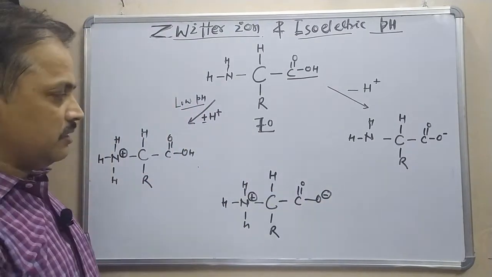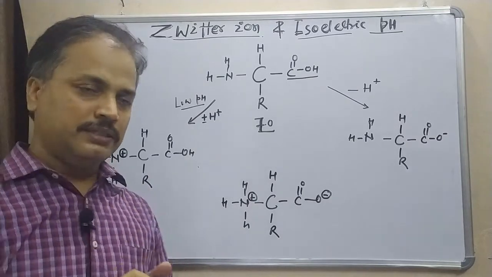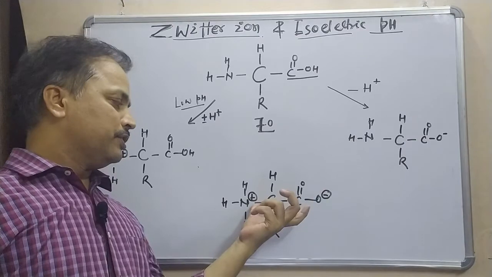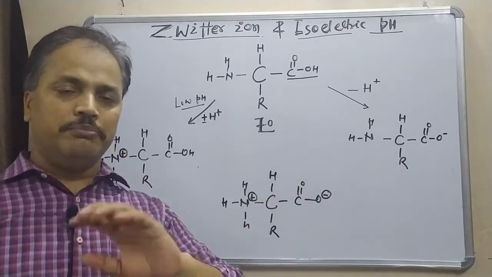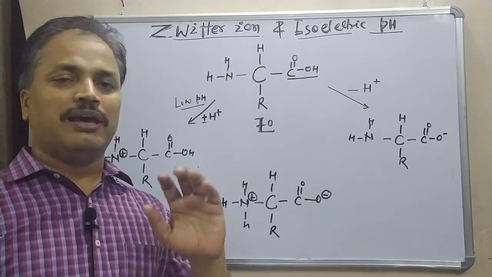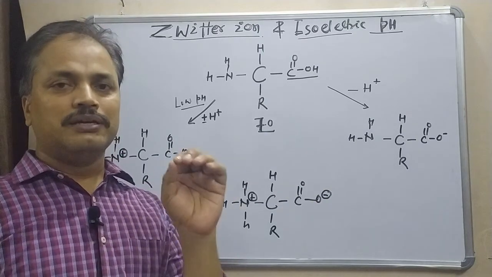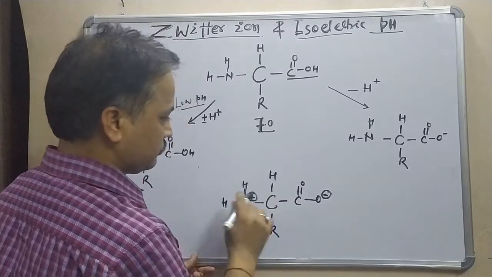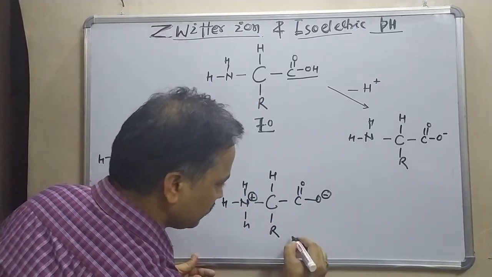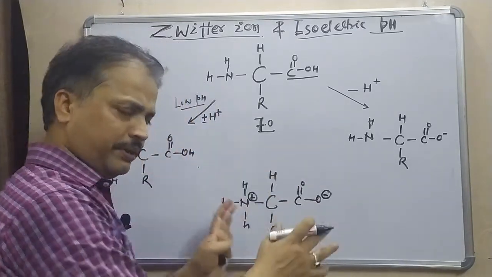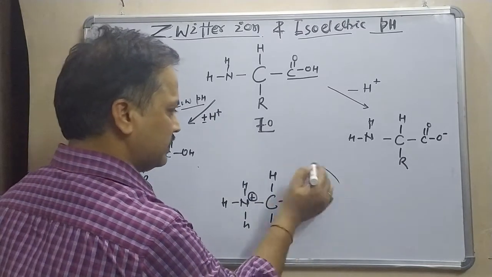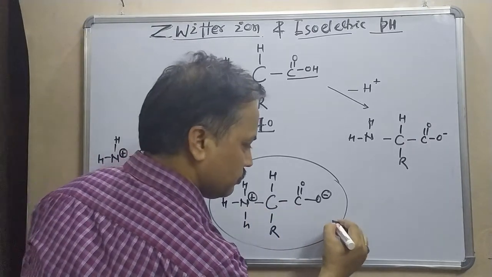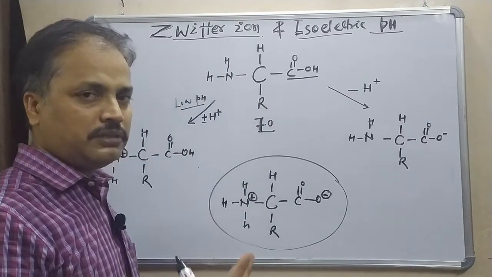At this specific pH, the amino acid exists with a positive charge as well as a negative charge, which means overall the amino acid will have zero charge. It is a specific pH at which the overall charge is 0.